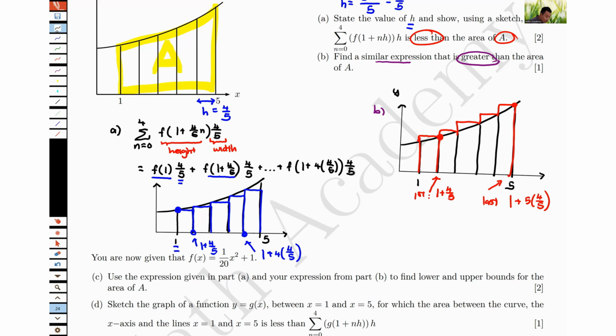Okay, so in order to give an expression, again, I write it out slowly. First height, f(1 plus 4/5) times width 4/5. Second one, f(1 plus 2 times 4/5) times 4/5.